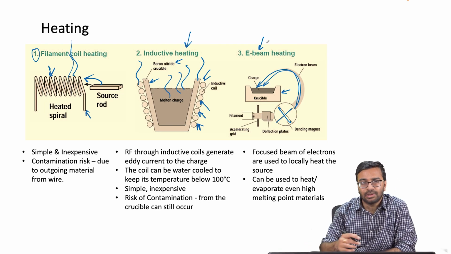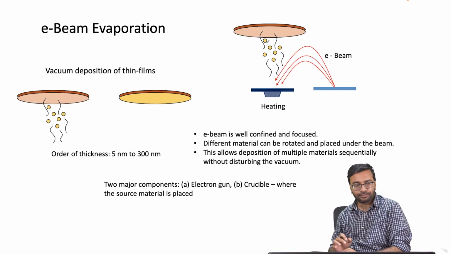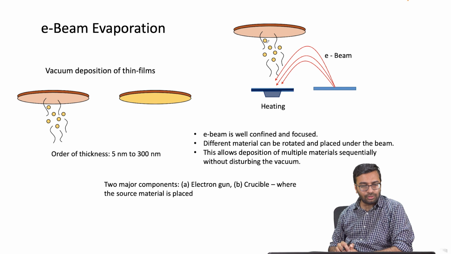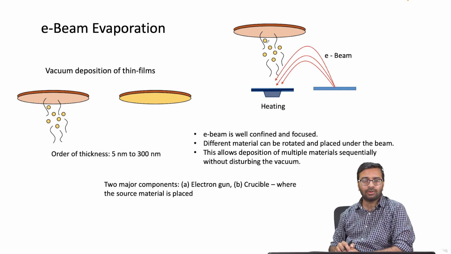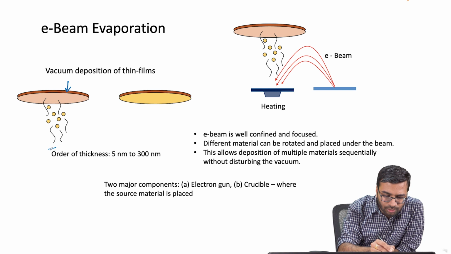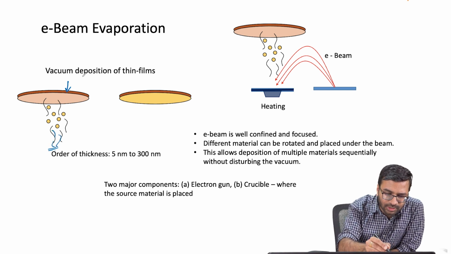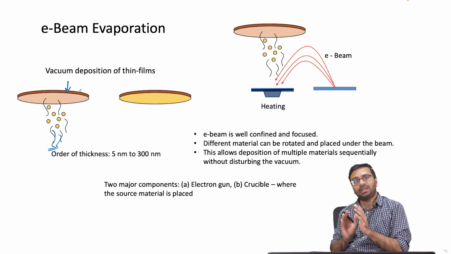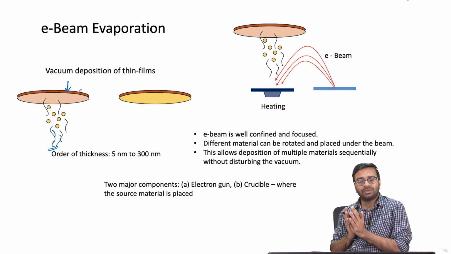We call it E-beam evaporation. So, the E-beam evaporation technique is also similar to other physical vapor deposition technique, where you have a substrate, source is evaporating and then getting deposited on the substrate. The basic principle is still same, just the source of heating is different.